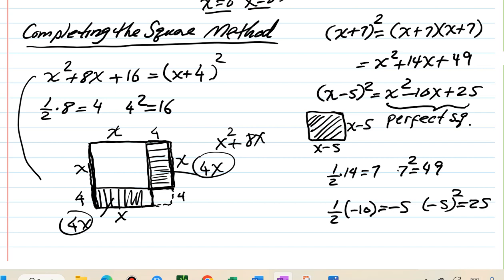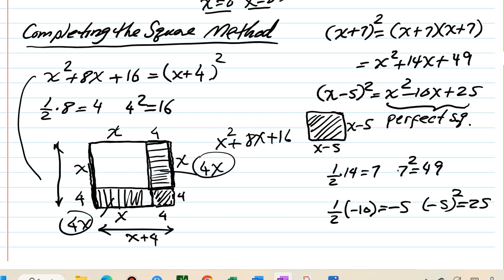So this little piece that we're going to add in order to complete and turn this into a full square is going to be 4 by 4, 16. Plus 16. And now what I have is a square of side x plus 4 by x plus 4.